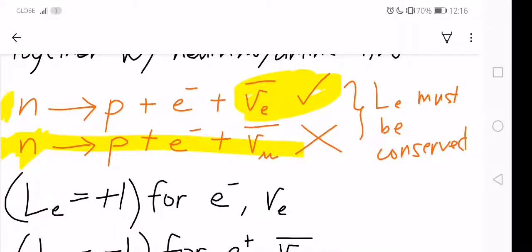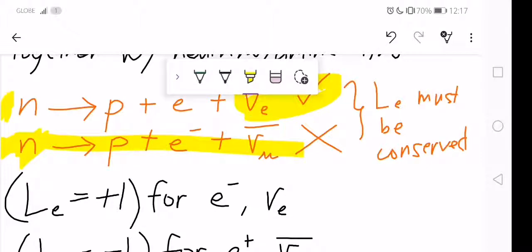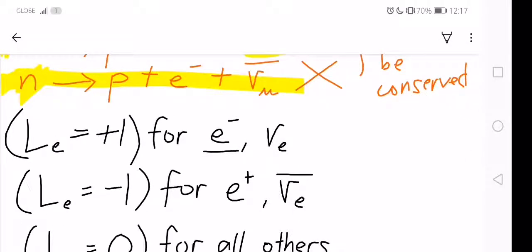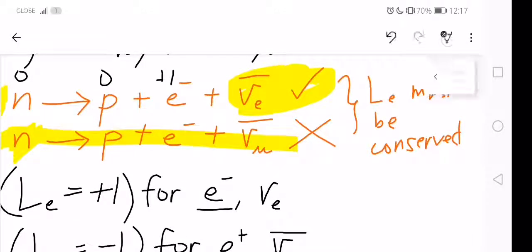So our lepton number should be 0 for the initial state and the final state. In the final state we have 0 for the proton, positive 1 for an electron, and for an electron antineutrino, we have minus 1.